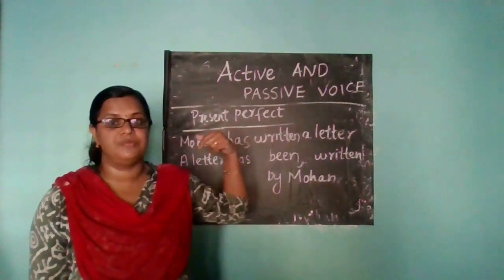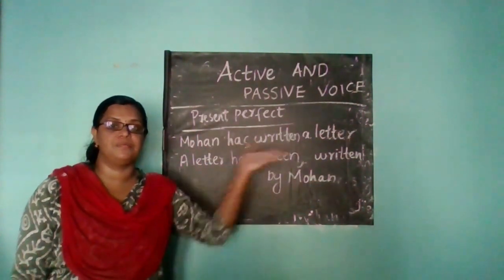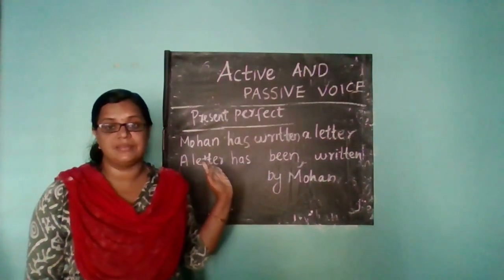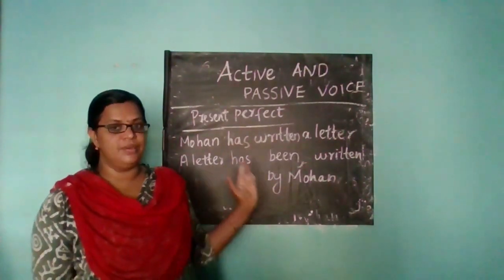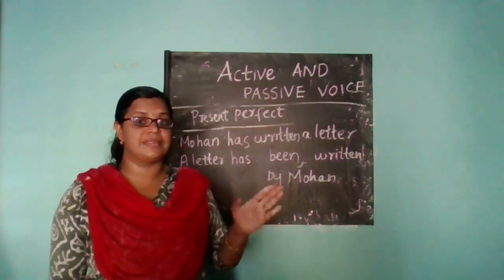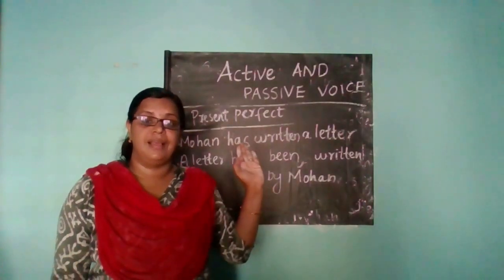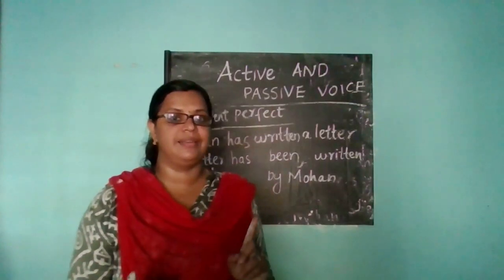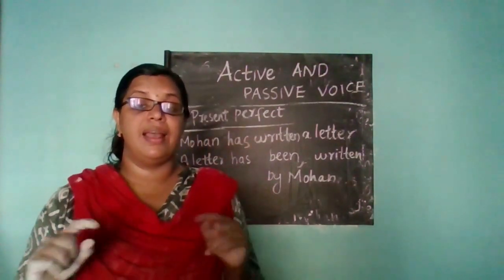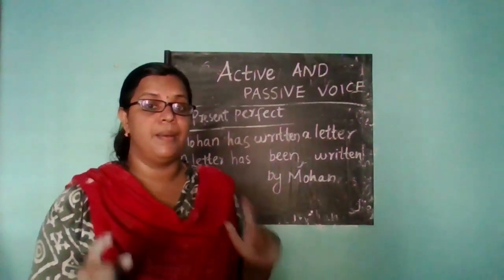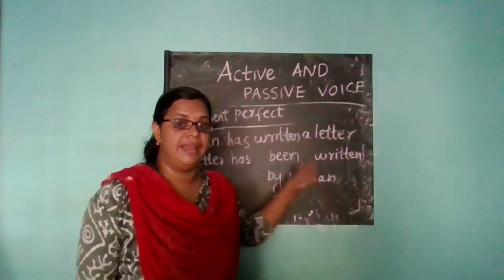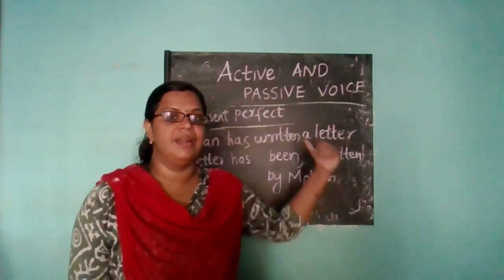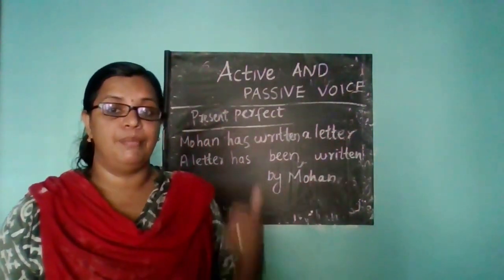Then take that object and place that object in the subject place. A letter, a singular. So you can use has. A letter has been. Don't forget to use that keyword. A letter has been written by Mohan.